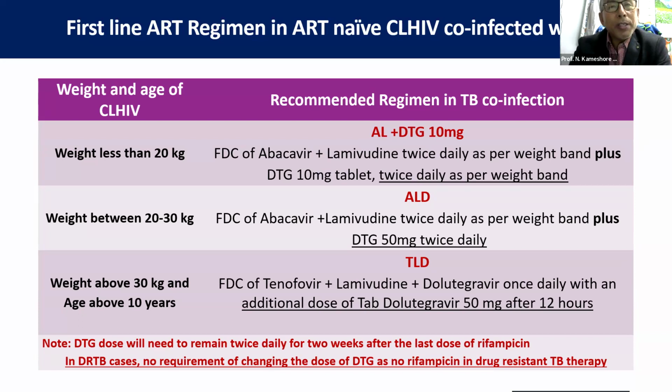And if the weight is above 30 kg and age above 10 years, then if there is no contraindication for tenofovir, we give tenofovir, lamivudine, and dolutegravir once daily, with an additional dose of dolutegravir 50 milligram with a gap of 12 hours.